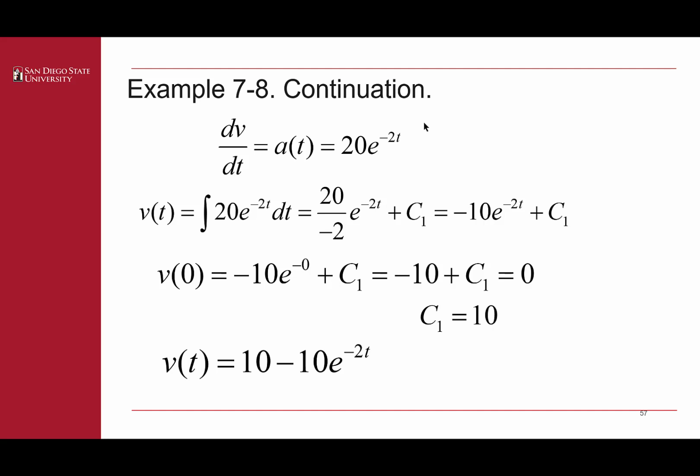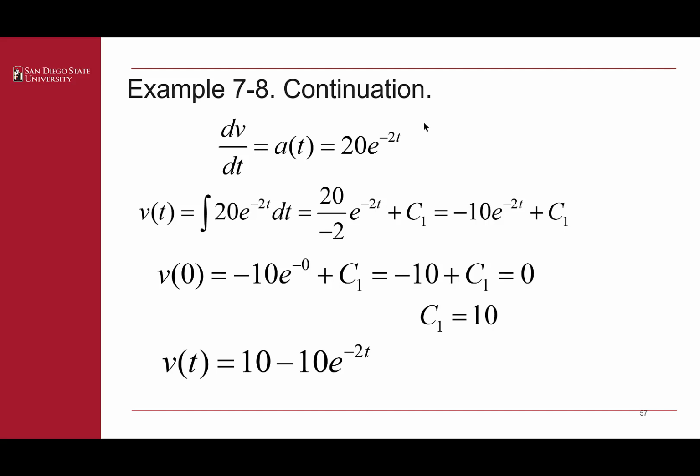And v0 is already given, so we can set this equation to 0 and solve it for c1, because we already know that v of 0 equals 0. So minus 10 e to the minus 0 plus c1 is minus 10 plus c1, because e to the minus 0 is just e to the 0, which is 1.